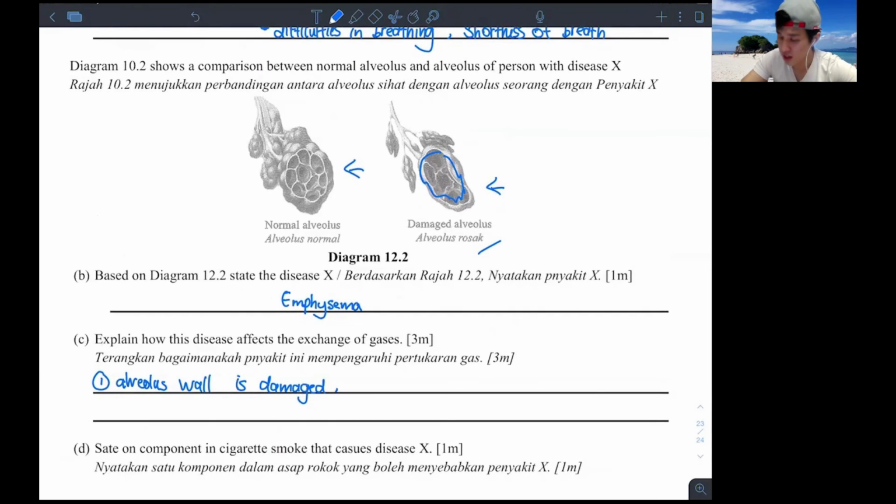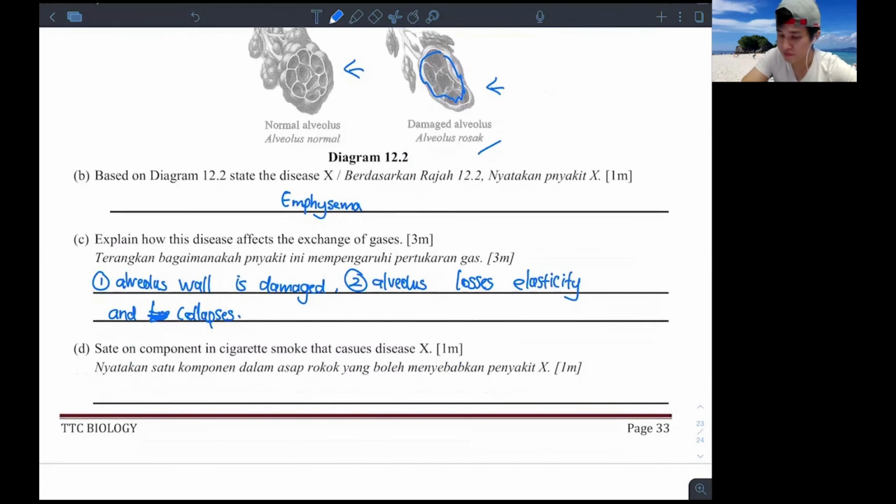So we may say, therefore, the alveoli lose elasticity and collapse. Only then do we say the surface area of the alveoli decreases.